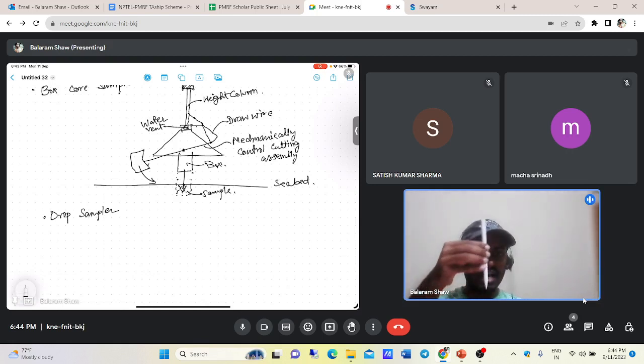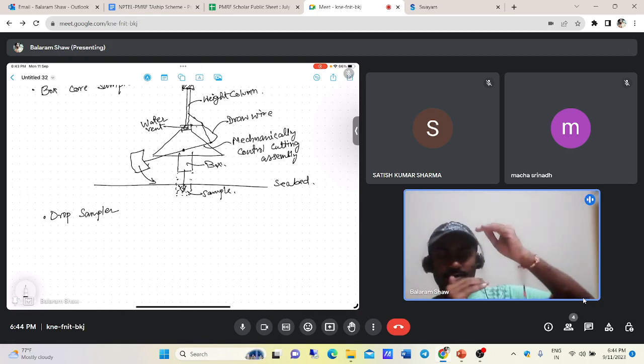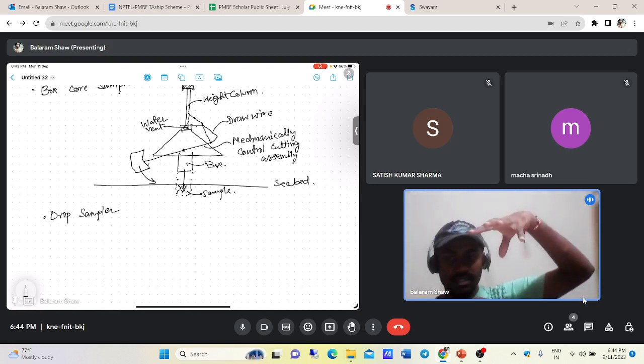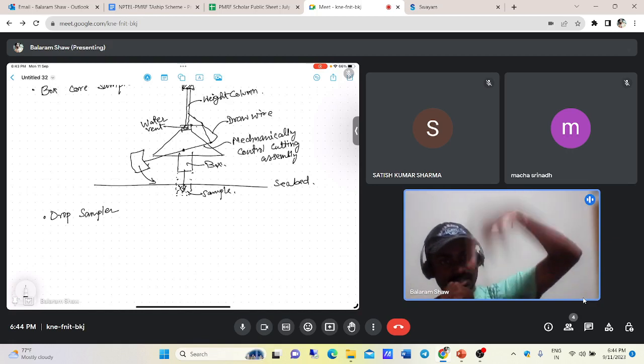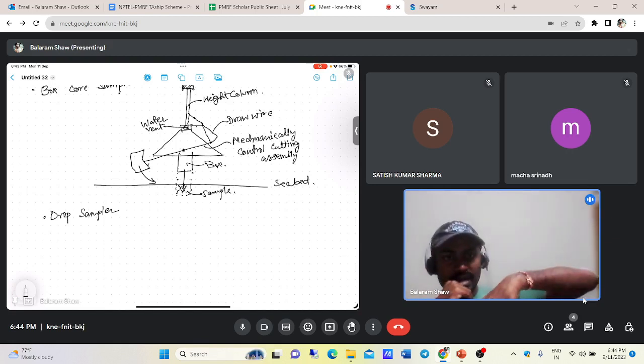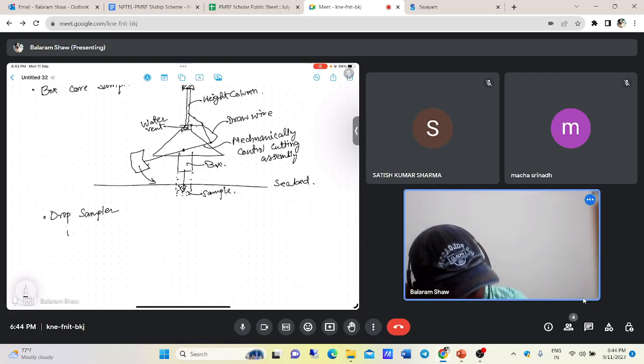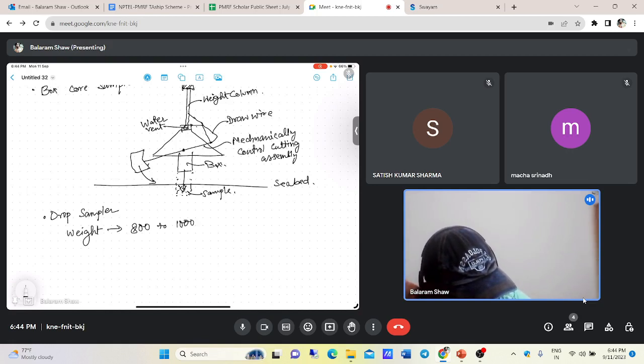So let us say we drop the core from the vessel, and because of its impact load, the weight of it will be around 800 to 1000 kg.